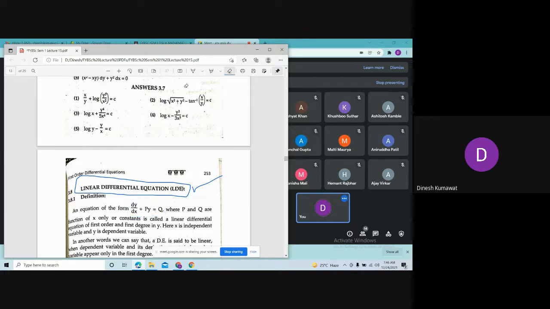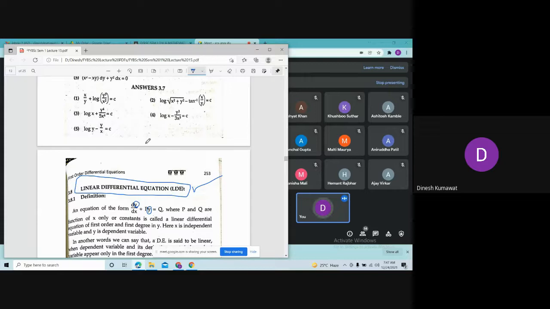See, here we are differentiating y with respect to x, so here we should have y only. Keep this in your mind: whenever we are having dy by dx over here, then the second term is nothing but y.